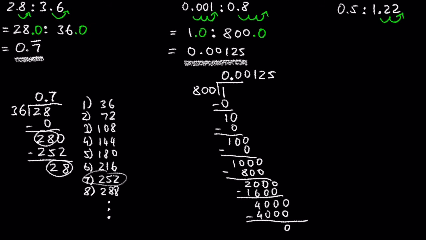Don't forget also to move the decimal point of 0.5 2 places to the right, which makes a 50 out of 0.5. Now all we have to do is a simple long division and we are done.